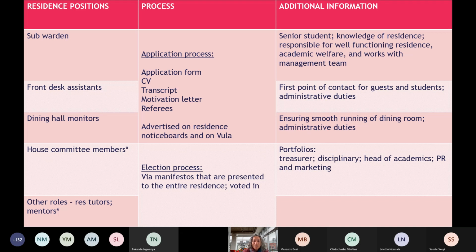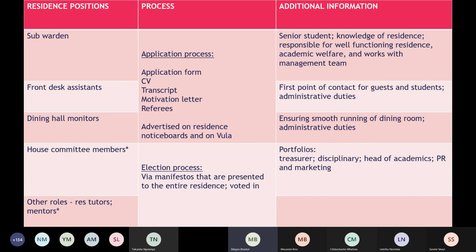Okay, which means there's an application process that needs to be followed, which means that you usually have to submit a CV, possibly your transcript in some cases, possibly a motivation letter or cover letter, and usually they will request referees. Some of these positions will be advertised within your residences, so on notice boards, perhaps on your Vula page. So always have a look out for anything that is posted.